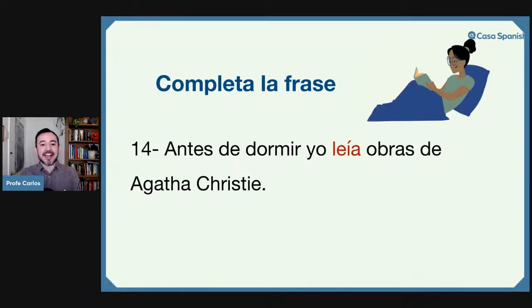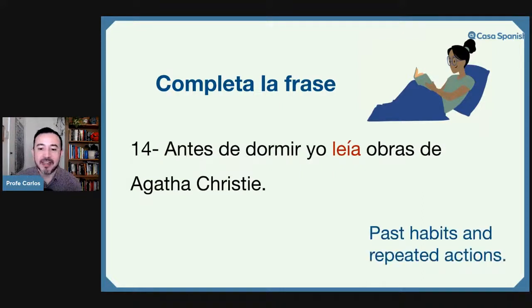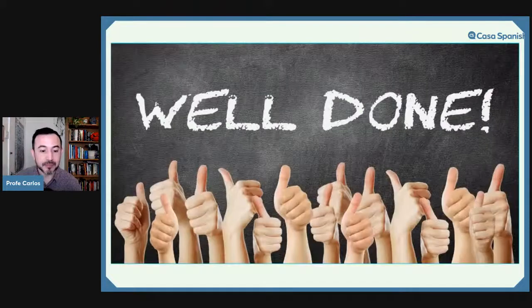Antes de dormir, yo leía obras de Agatha Christie. Excellent. And we're talking about, of course, past habits and repeated actions in the past. Well done. And this is our last exercise about the imperfect.